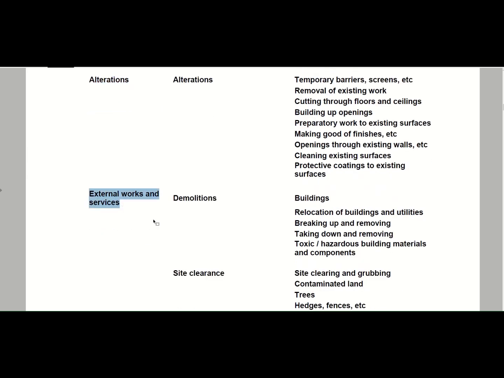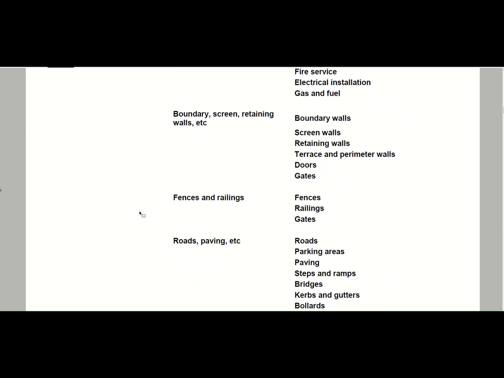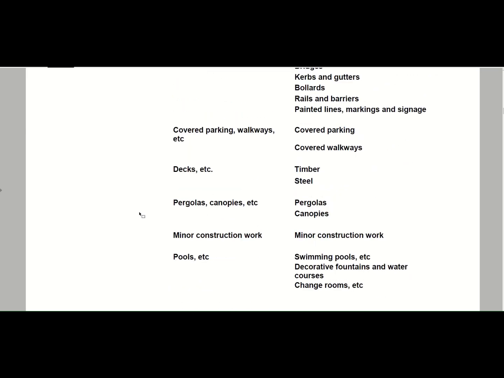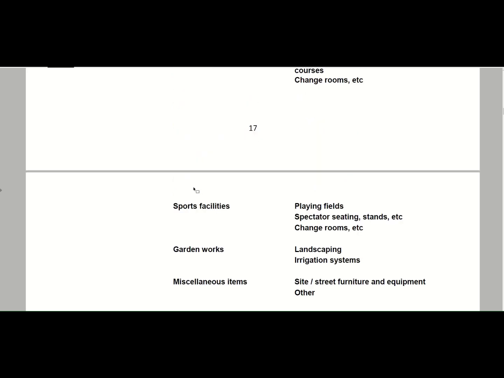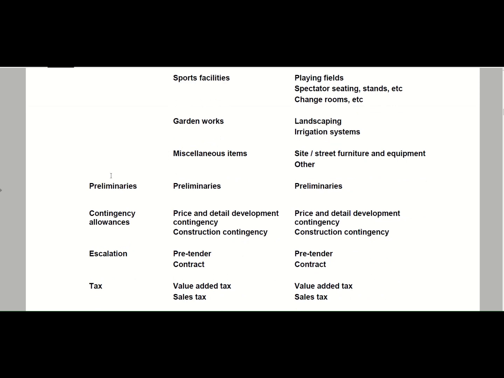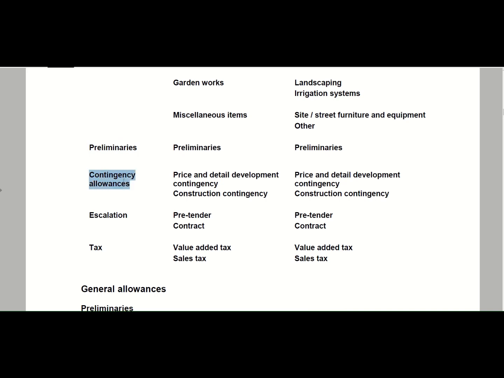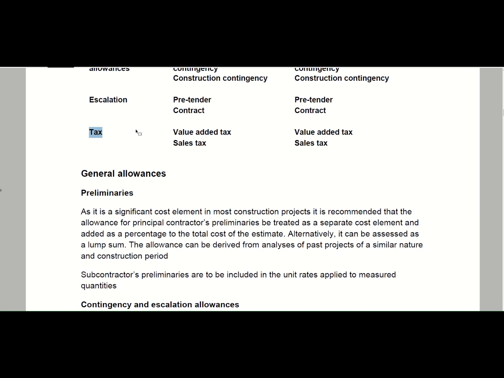Then you get your external works, and you can see there's quite a lot of external works like pools, minor construction works, etc., garden works. Okay, and then you get to your preliminaries, your contingency allowance, your escalation, your tax, etc.